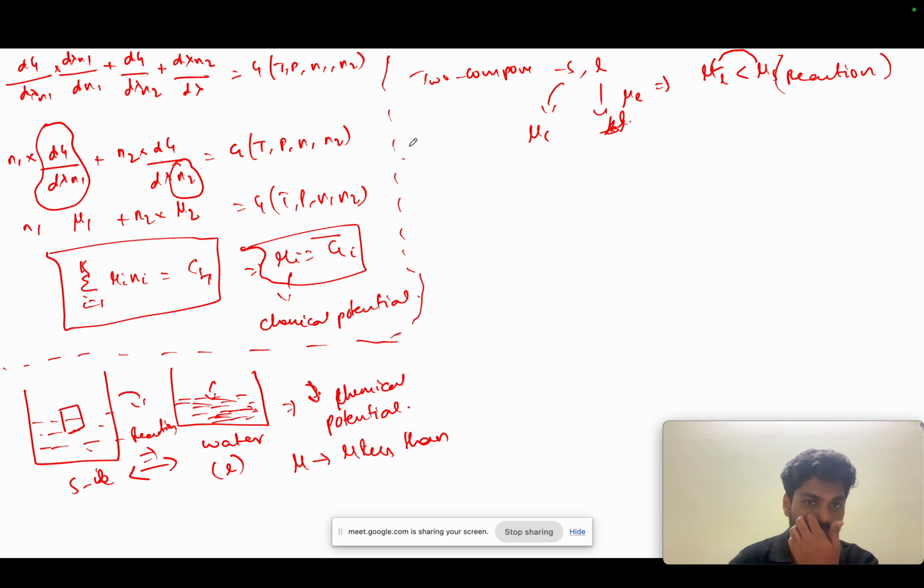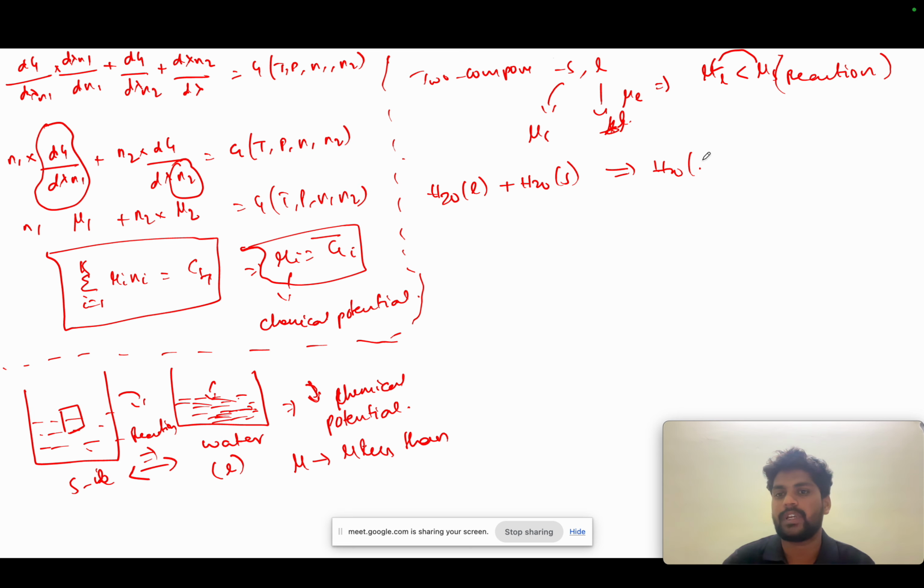If I want to show this reaction happening, I will give you an example. Suppose we have H2O in liquid form plus H2O in solid form. After some time, say 1 or 2 seconds, we have the same. Now assume we have n moles of liquid plus n moles of solid giving rise to the product. The liquid will increase and the solid will decrease.